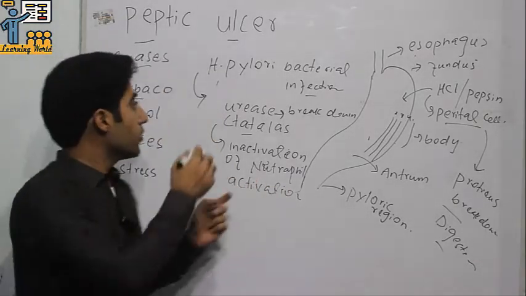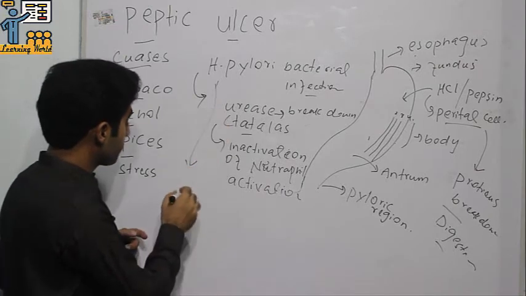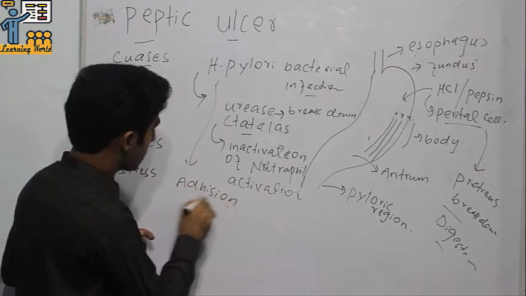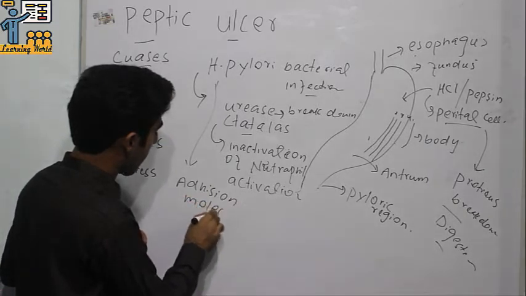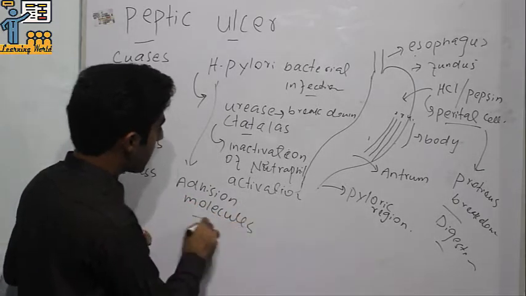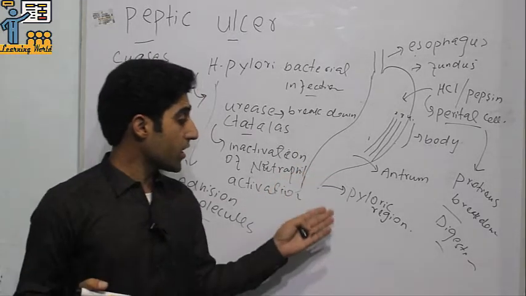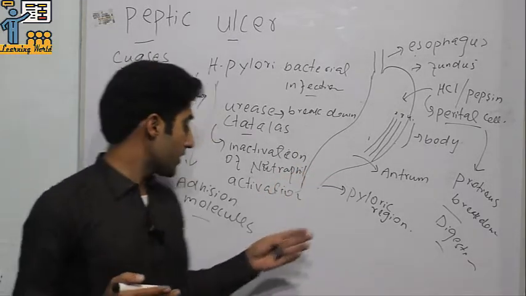The H. pylori will also produce adhesion molecules on the surface of the stomach or in the duodenum, which is the first segment of the small intestine.